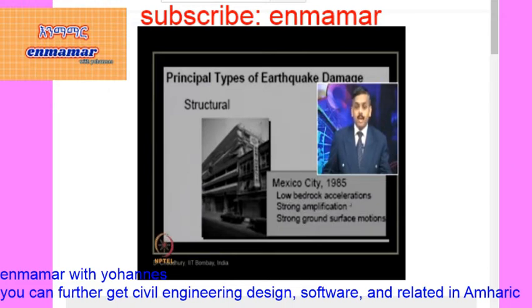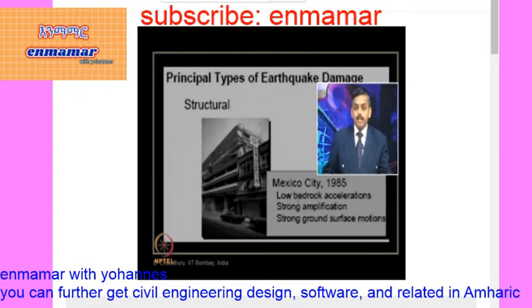That is, the earthquake acceleration at bedrock level, far below the ground surface, was pretty low. So obviously people thought that it probably may not make much structural damage to the buildings standing on the ground, because the original seismic acceleration was pretty low.